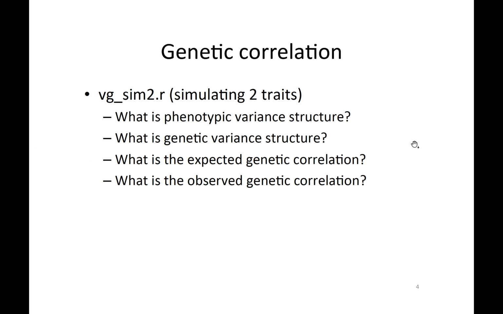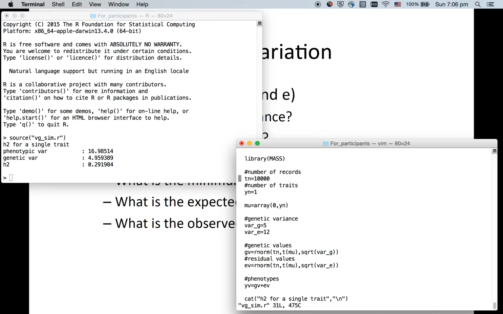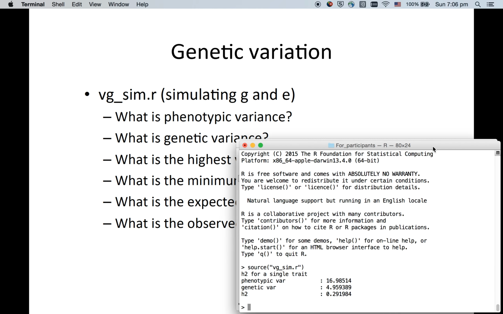So what is phenotypic variance? We already saw the phenotypic variance is around 16.9. That's easy. Then what is the genetic variance?